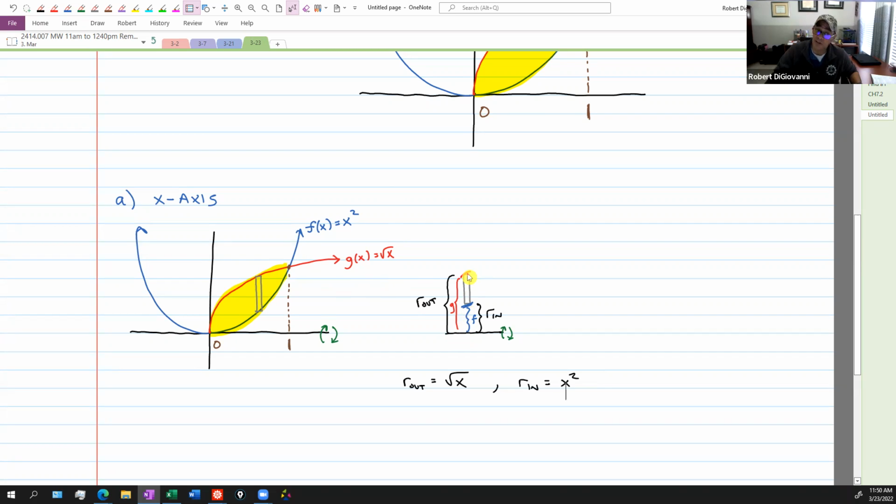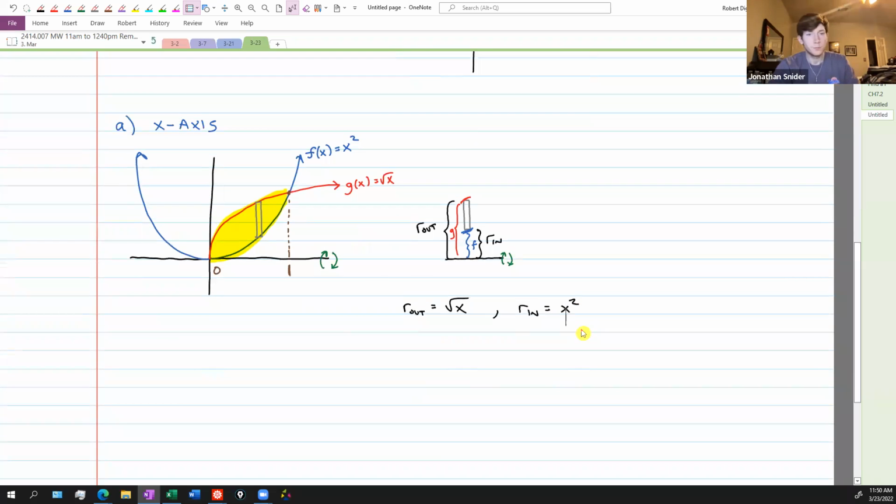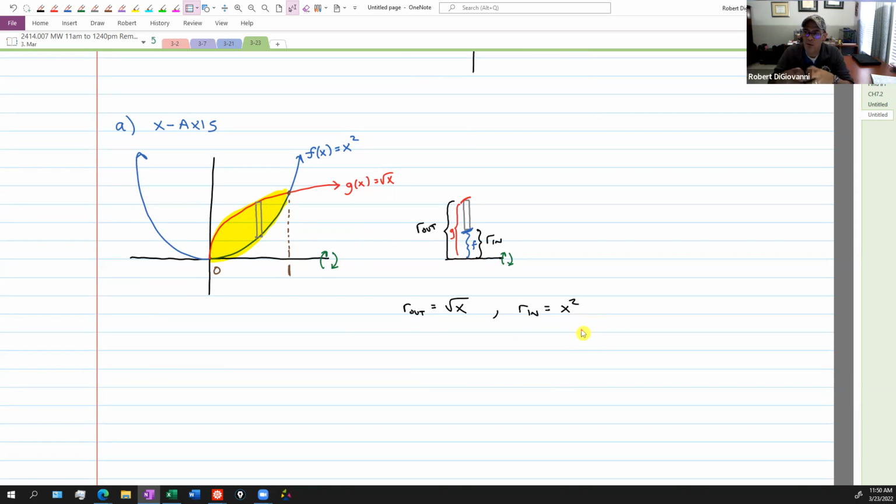So if the outer edge is the red one, then that's what dictates it. I don't want y'all to start thinking about this as a formula where it's always going to be f of x squared minus g of x squared. It's the outer radius squared minus the inner radius squared. That's what you're going to use in the formula.